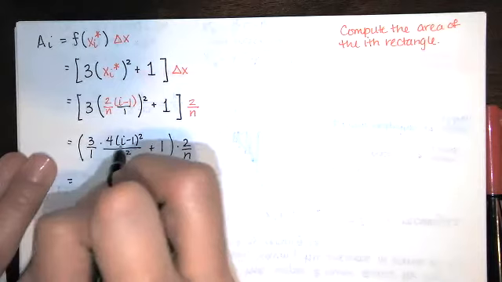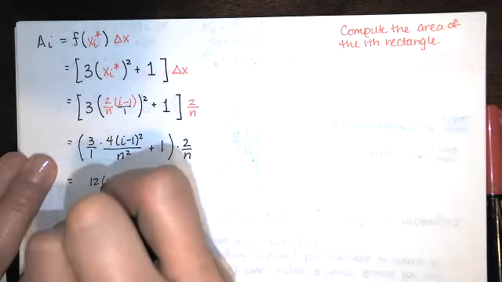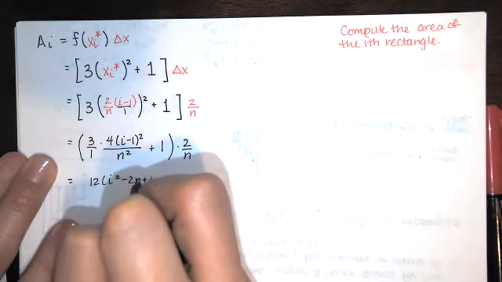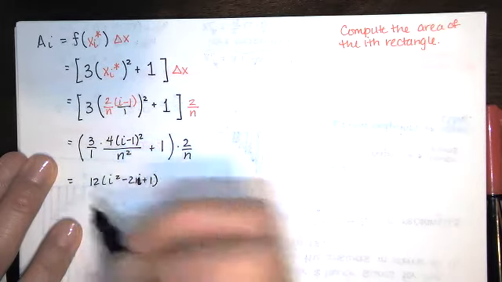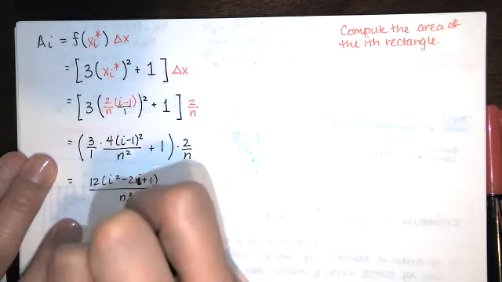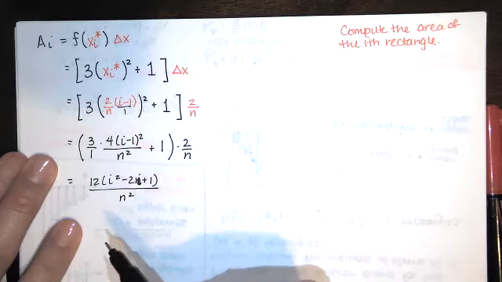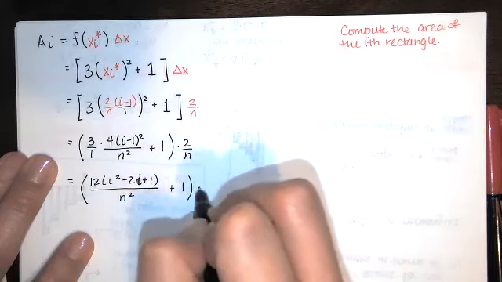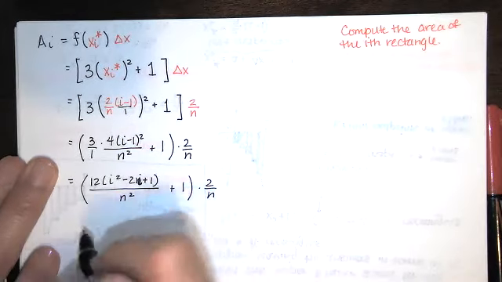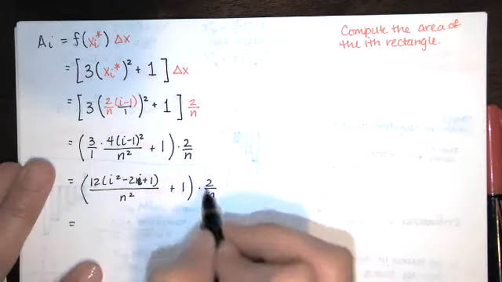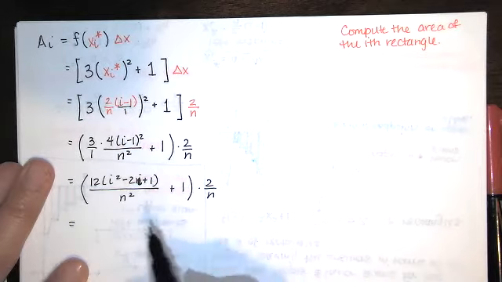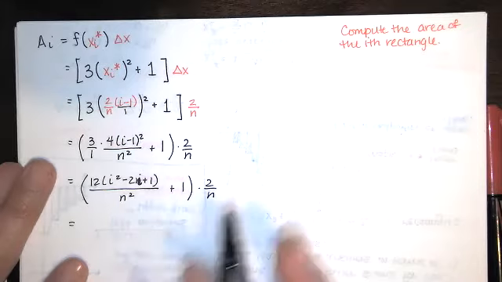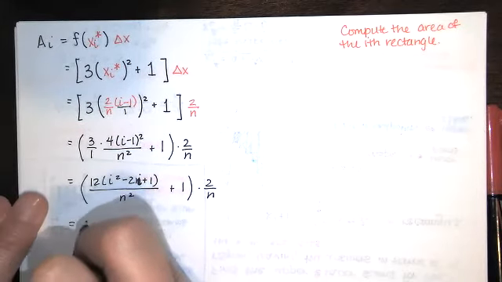Let's distribute here. We've got 12 times i minus 1 squared. That's i squared minus 2i plus 1 over n squared. I'm going to write that twice in FOIL. Plus 1 times 2 over n. And then distribute 2 over n times this. So that's going to give me a 24 there and an n cubed in the denominator there.